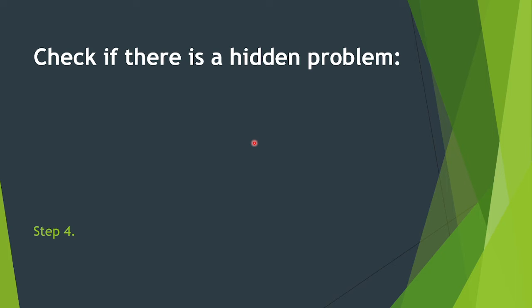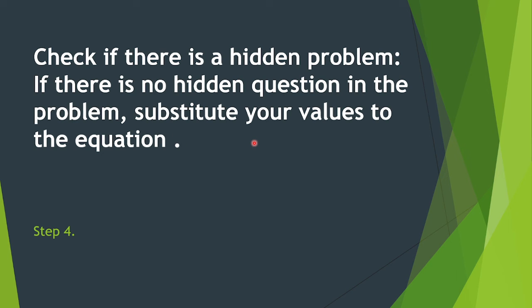Sometimes students jump readily to the substitution of the data into the equation, but they did not check if there are hidden problems, so the resulting answer is wrong. It is better if we check. If there is no hidden question in the problem, you can now substitute your values into the equation.